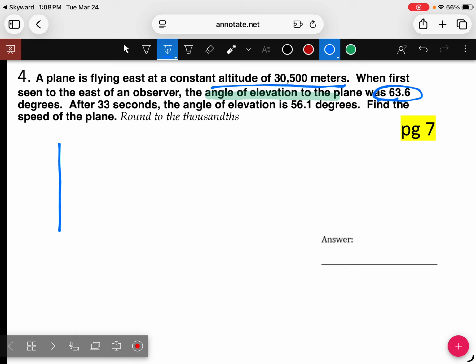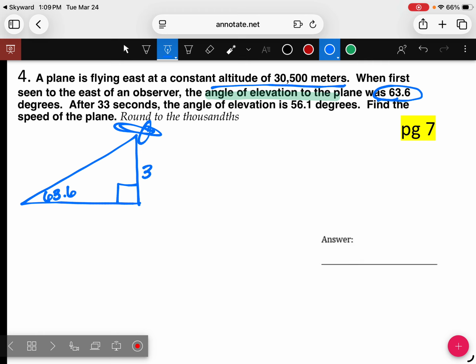I'm going to make a triangle, and I'm going to make it go the other way though. No reason why. So this is my airplane in the sky. Angle of elevation is 63.6. And the height is 30,500 meters.